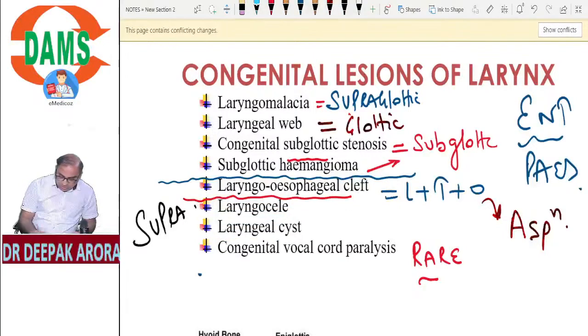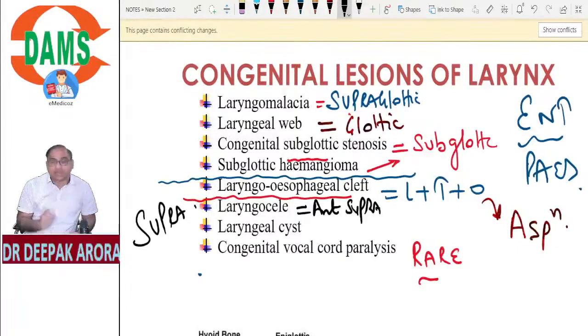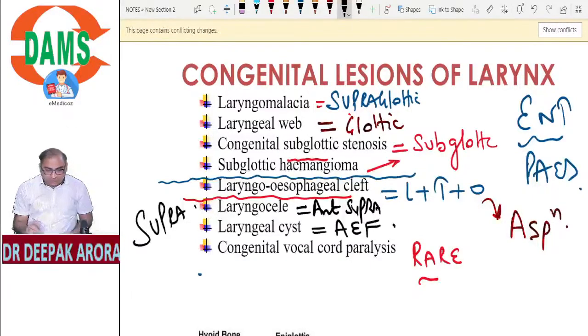I'm making a formula: laryngocele is equal to anterior part of supraglottic area. Done. Laryngeal cyst. Any student who can tell me the most common site for laryngeal cyst? The most common site for laryngeal cyst is the aryepiglottic fold.